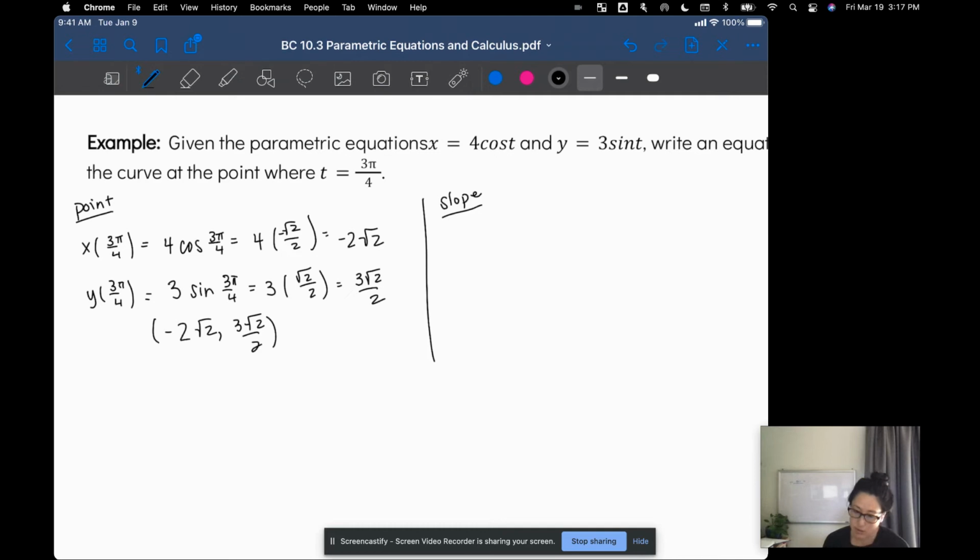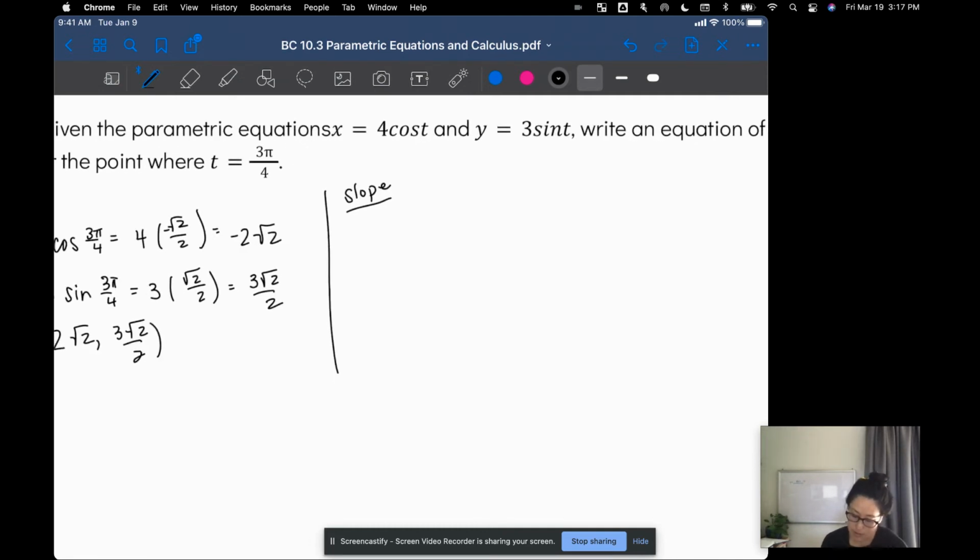Okay, we can find the slope by taking the first derivative at t equals 3π/4. So dx/dt is equal to negative 4 sine of t, and dy/dt is equal to 3 times the cosine of t.